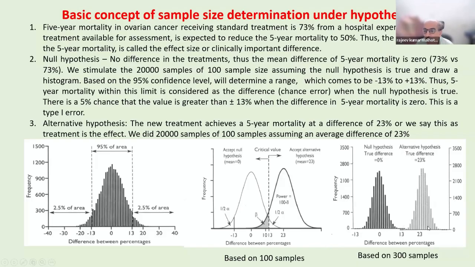So I am more confident that my treatment gives at least 23% reduction, on average a 23% reduction. So this is the basic concept for comparing this: type 1 error, type 2 error, and finding out the critical value, null hypothesis and alternative hypothesis.